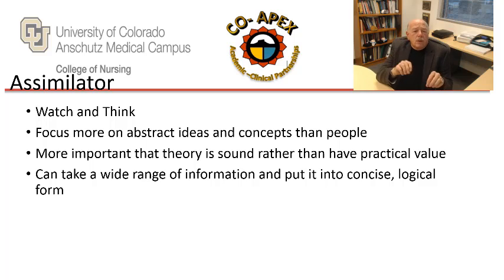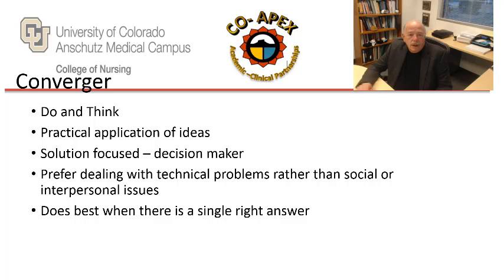Now, these people will become intensely questioning, oftentimes in medications and combinations of medications that really don't fit that algorithm that we all know. Sometimes it's that subtle clinical gems that we all have learned over time that throws these people the most. They do take a wide range of information and eventually put it into a very concise and logical form.